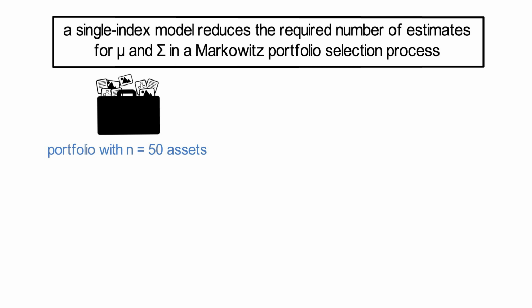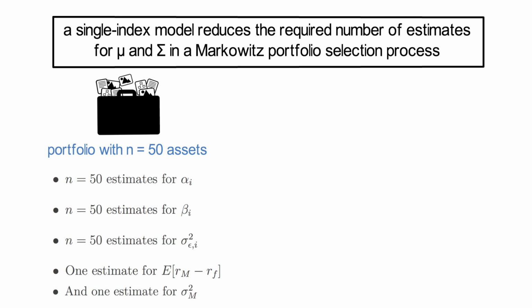Assuming that their returns follow a single index model means one would have to estimate 50 estimates for alpha I, 50 estimates for the betas, 50 estimates for sigma square epsilon I, the idiosyncratic risks, one estimate for the expected market risk premium, and one estimate for sigma square m.